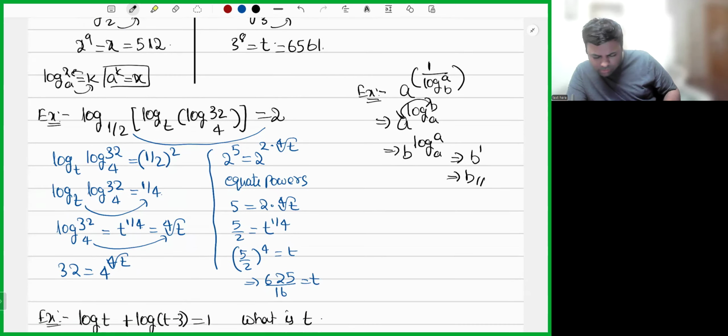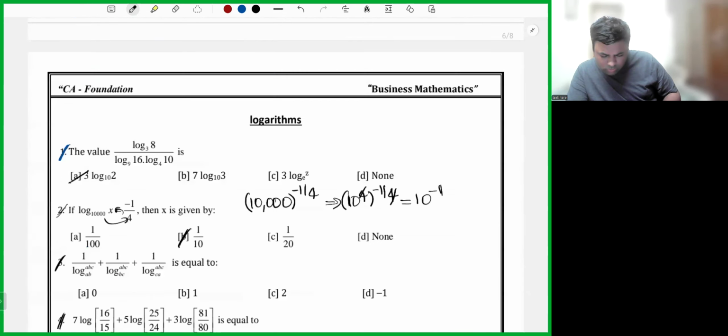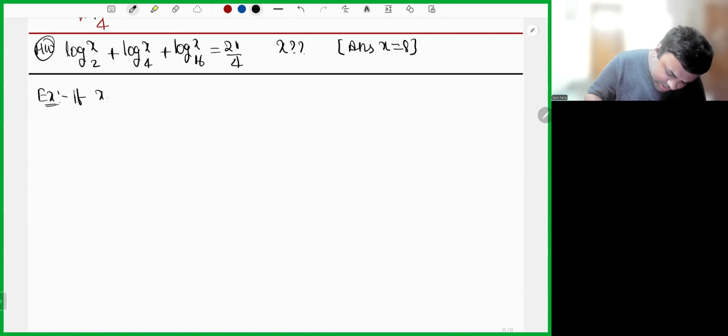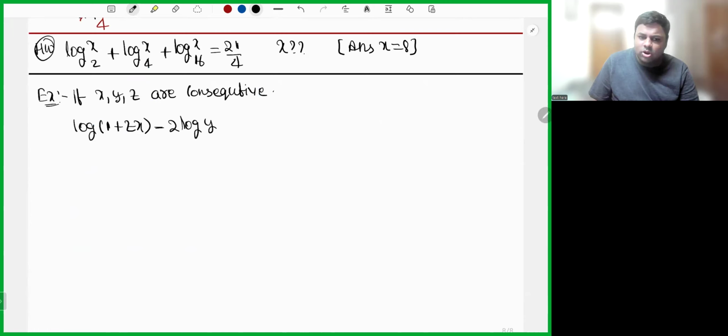And the last exam question. This question was a little tricky, but yeah, you should be in a position to crack it. If X, Y, Z are consecutive, I am asking what is the value of log 1 plus ZX minus 2 log Y. It is telling X, Y, Z are consecutive.